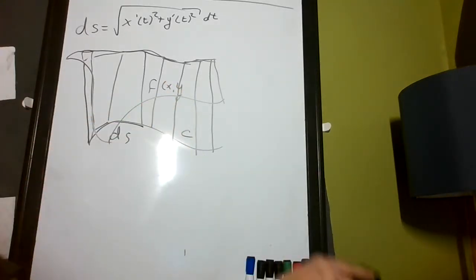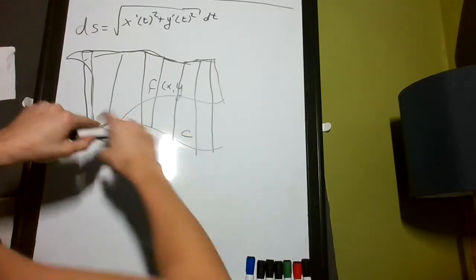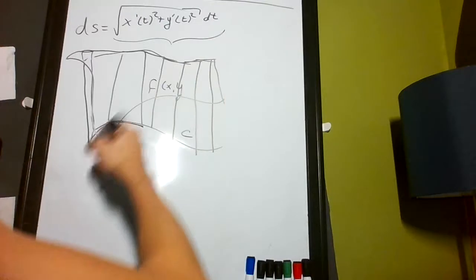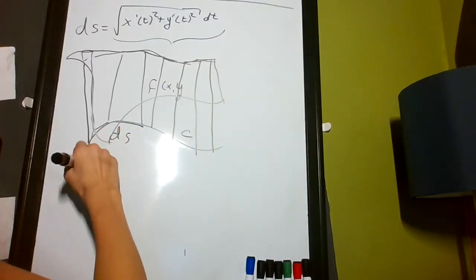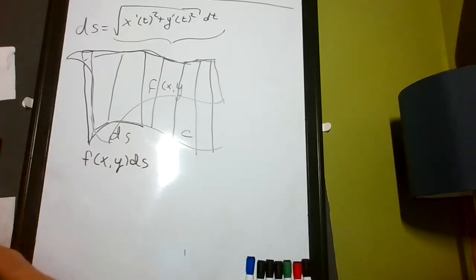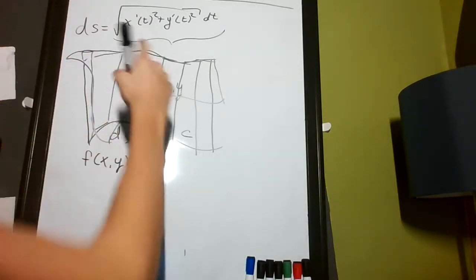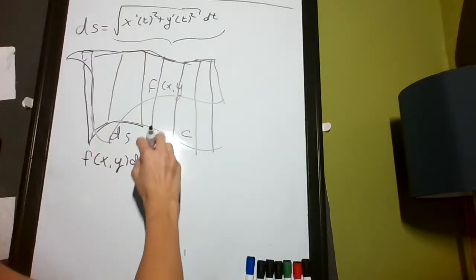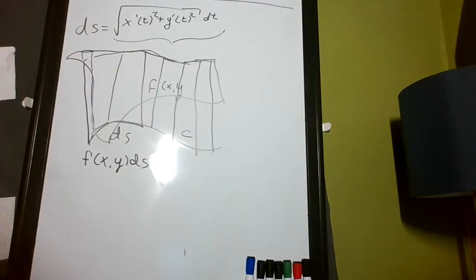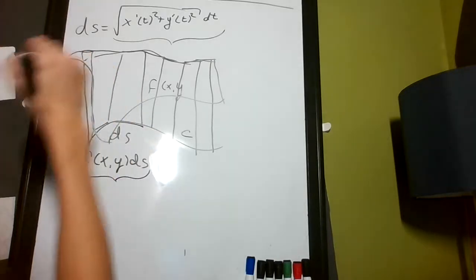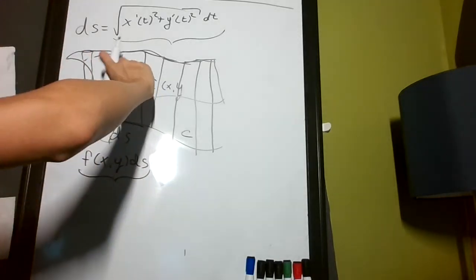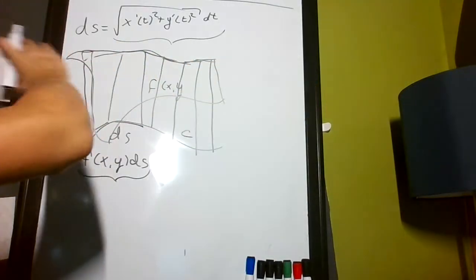What we found is that the base ds is given by this, and the height is going to be this. So f of x, y times ds gives us the area of this tiny little rectangle. But, as you all know, that's not going to give you the area of all of these combined.